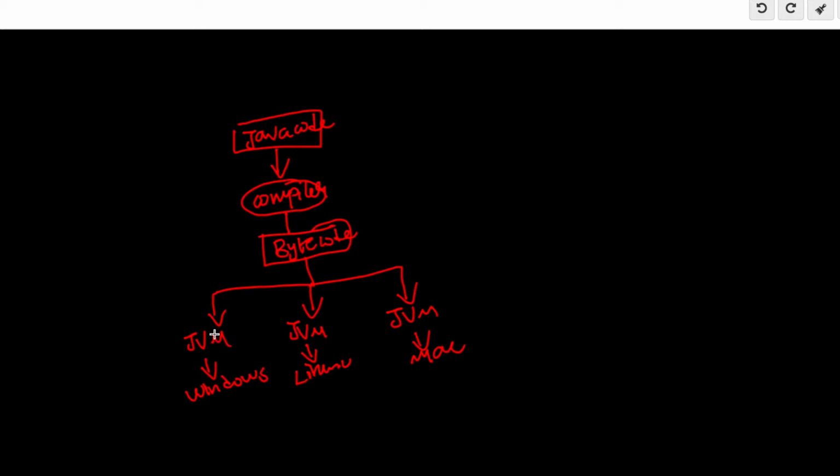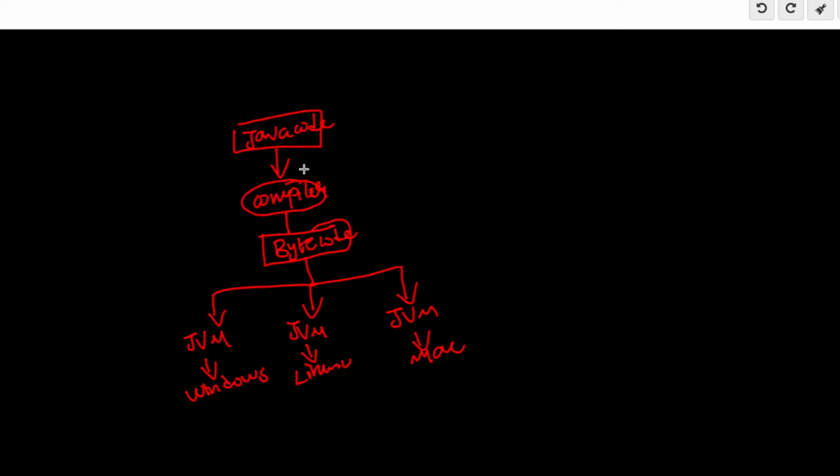For example, if you execute bytecode in Windows, Linux and Mac, the output should be the same. You shouldn't get irrelevant output. All these platforms should get the same output. That's why Java is called platform independent.